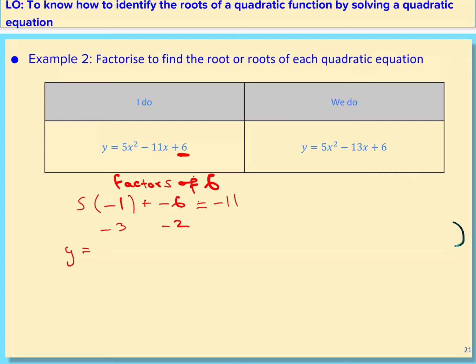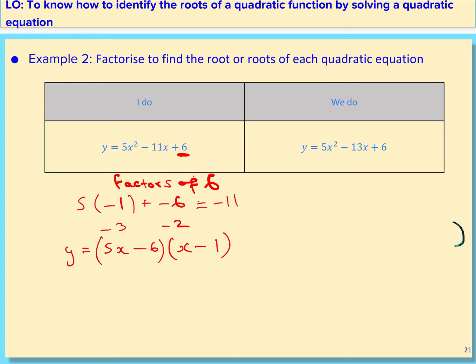Now let's look at these combinations and see which ones, when we multiply by 5, add up to -11. So 5 times -1 plus -6 does, in fact, give us our -11. So we can now factorize it.